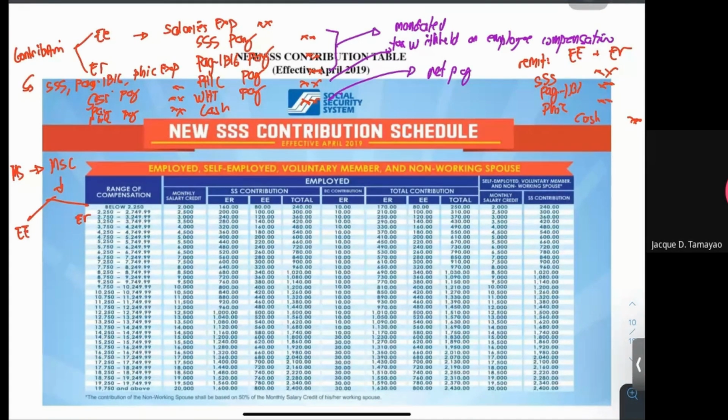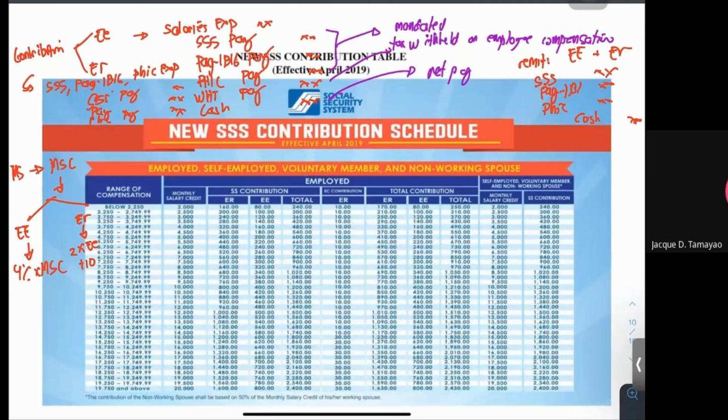Your employee share is equal to 4% of the monthly salary credit, while your employer share is equal to twice the employee share plus 10 pesos. Okay? That's how we compute.